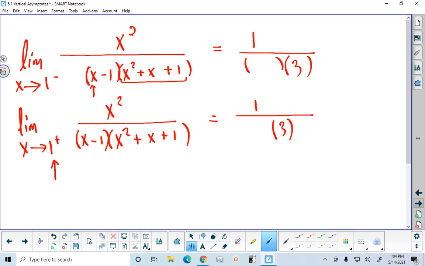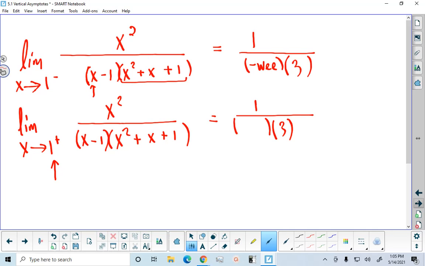I don't want to write 0 here. It will be a wee number, a tiny, tiny number. For example, a number close to 1 from the left would be 0.999999999, and if you subtract 1 from that, you're going to get a very tiny number, but it's going to be negative. And that's the key idea here.